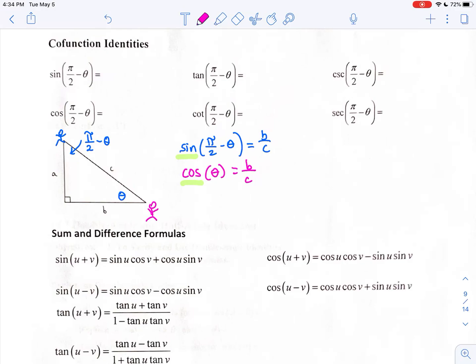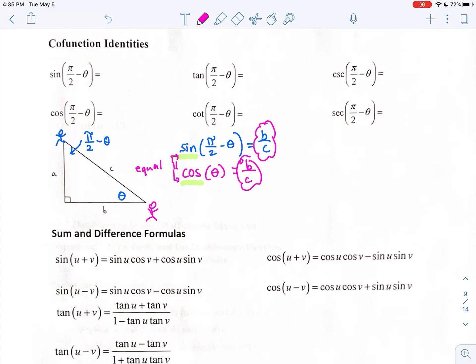If we're taking sine and cosine, cofunctions of each other, of complementary angles, what we observe is that they are congruent to each other. With both of those being equal to B over C, we can conclude they're equal to each other using substitution.